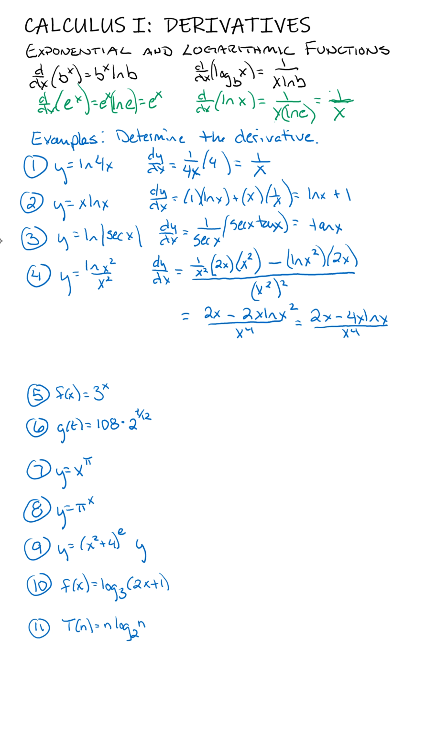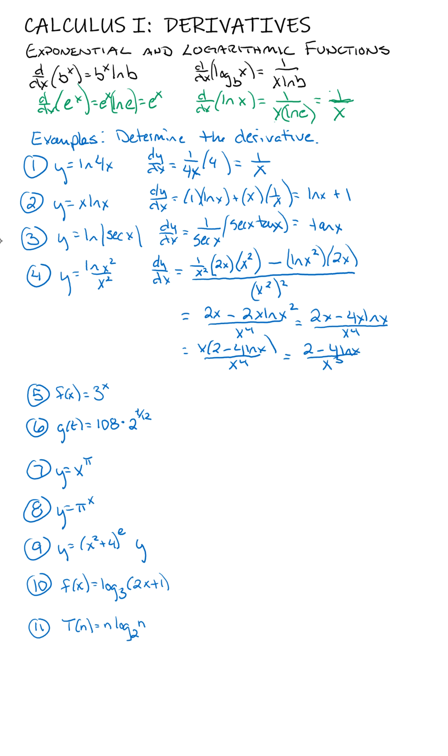Now, since I have an x in the coefficient of all of those, I'm going to go ahead and factor that out so we can reduce it with one of the x's in the denominator. So we have x times 2 minus 4 natural log of x over x to the fourth. Reduce one of those x's, that gives us 2 minus 4 natural log of x over x cubed.